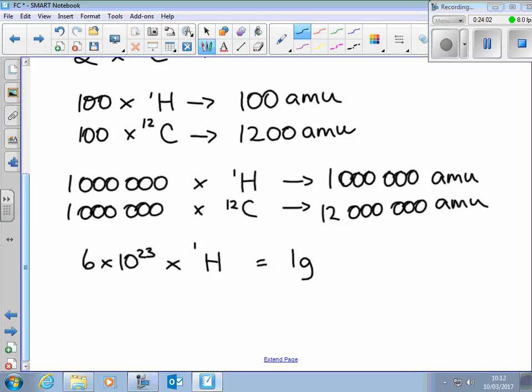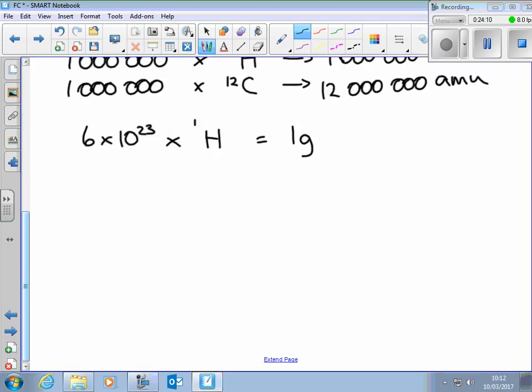Now, that's useful. This number is ridiculous, but it's a very important one. So having given you that piece of information, if we had 6 times 10 to the 23 carbon atoms, what do you think they'd weigh? 12 grams, yeah.